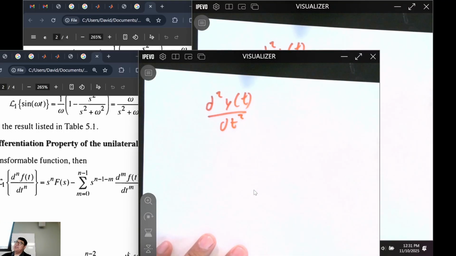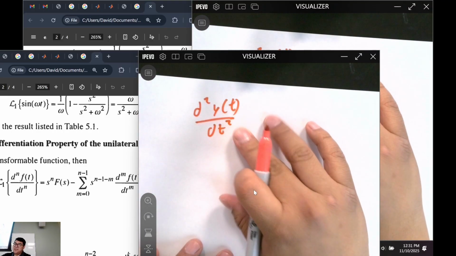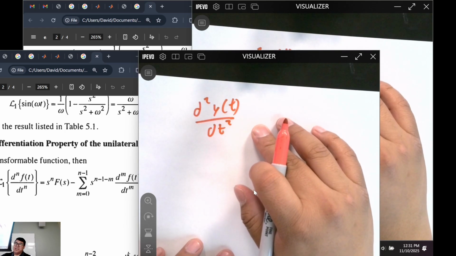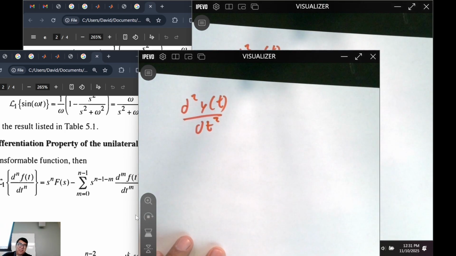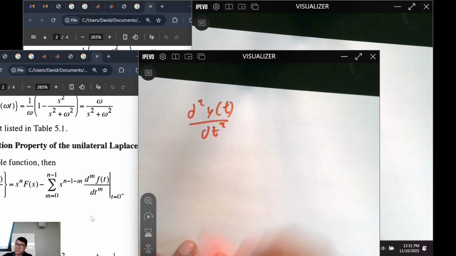over dt squared, right? I want to solve for the Laplace transform of this one. So here's your little equation, but I want to force this into your guys' brains.